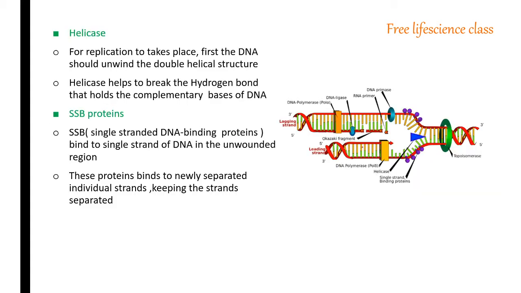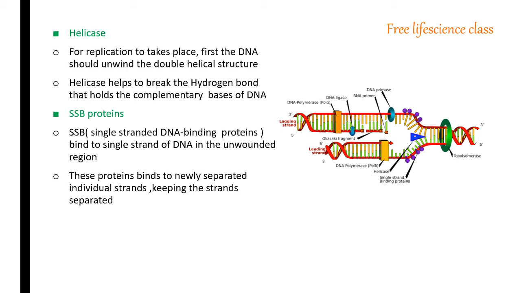Okay. The first enzyme that comes into this process is helicase. One other enzyme is DNA topoisomerase, which we will discuss later. This will identify where to unwind the DNA and start unwinding of DNA.